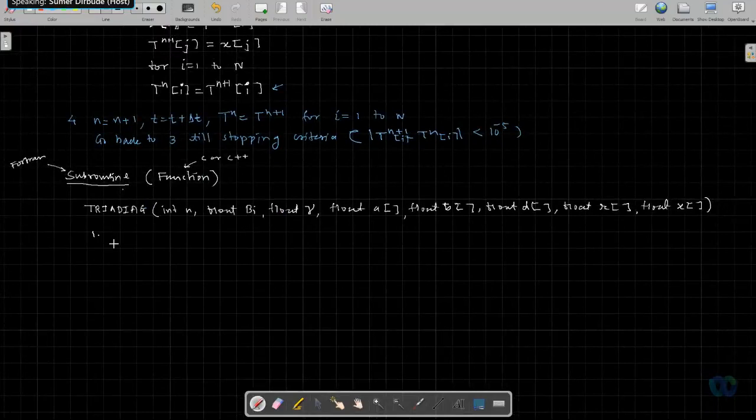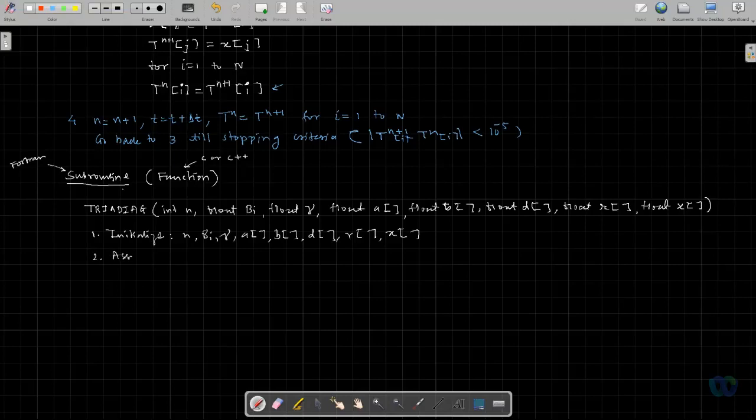Okay, so in this, initialize again. What you have to initialize? N, BO, gamma, A, B, D, R, X. And then second, assign the values.